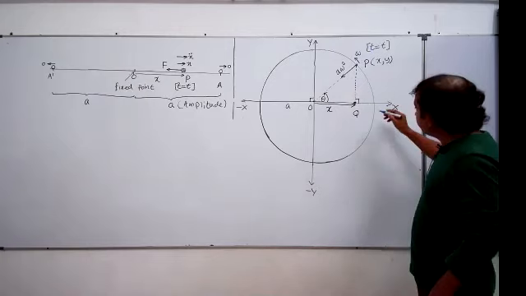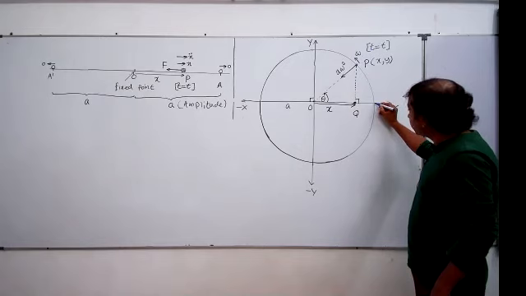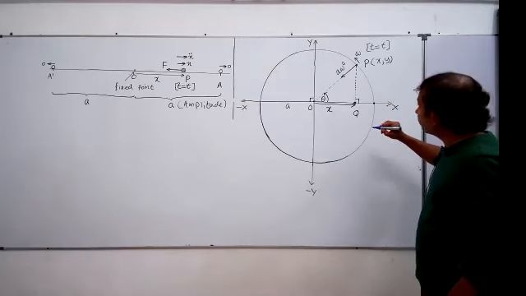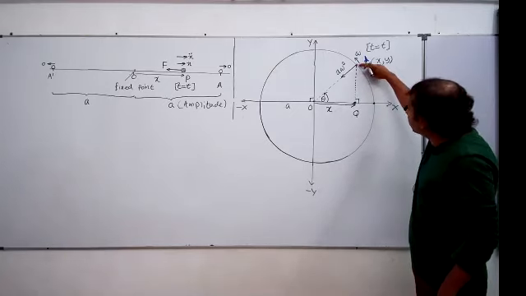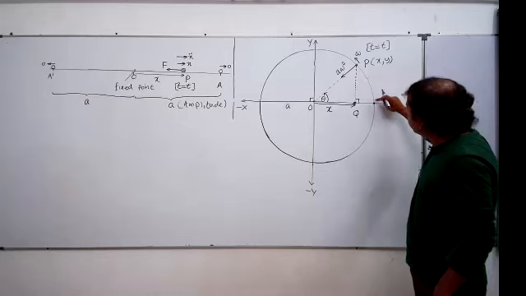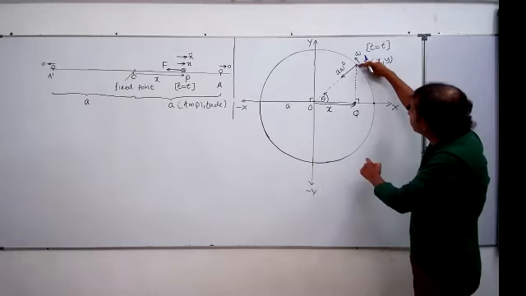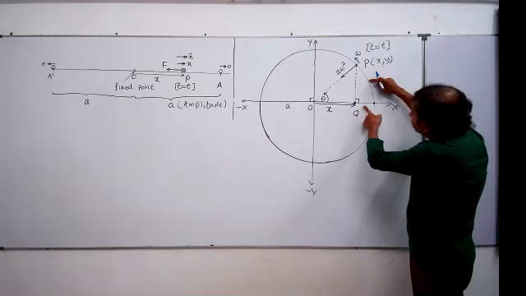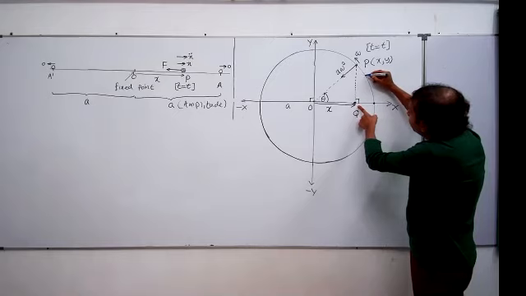Suppose the particle P starts its motion from this point where the circle and the x-axis intersect each other. Then you can see, as the particle P comes along the circle like this, the point Q also comes this way. Why? Point Q is the perpendicular foot drawn from P on the x-axis.